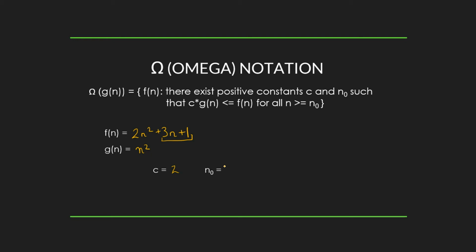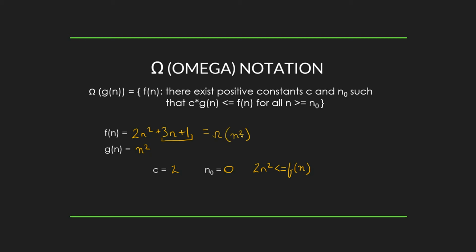So if we have c equal to 2 and n naught equal to 0, then clearly 2n square will be less than or equal to f(n) for all n greater than or equal to 0. Hence, we can say that f(n) is omega of n square.